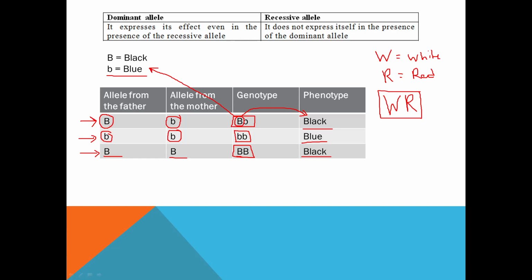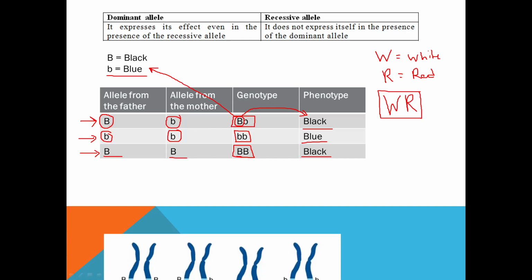This case is called codominance. Codominance is a situation where no allele is recessive to the other, or you could say where both alleles are equally dominant. So both of them will be expressed. Alright, moving on.